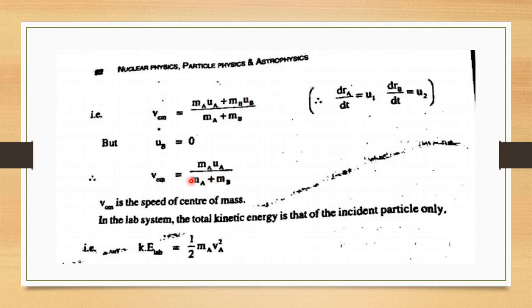Since UB is equal to 0, the velocity of the center of mass, VCM, is equal to MA UA by (MA plus MB). In the lab frame, the total kinetic energy is that of the incident particle only. Kinetic energy in the lab frame is equal to half MA UA squared.